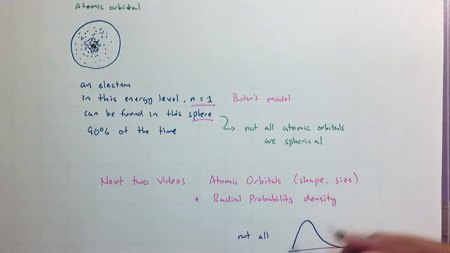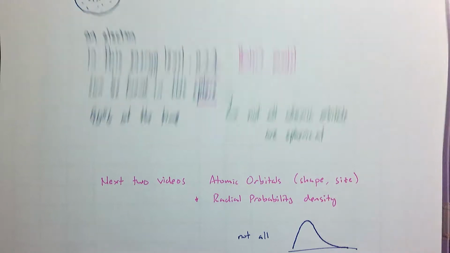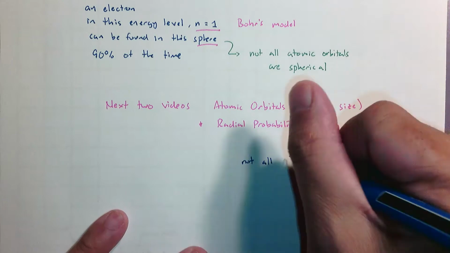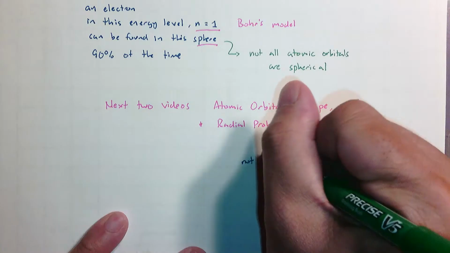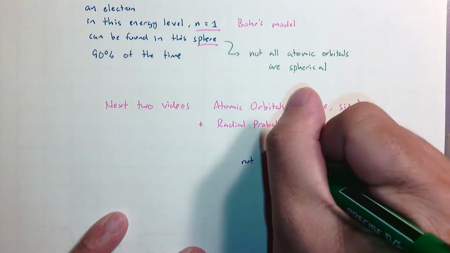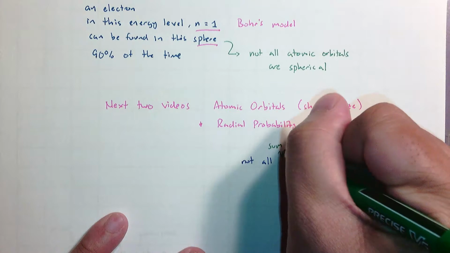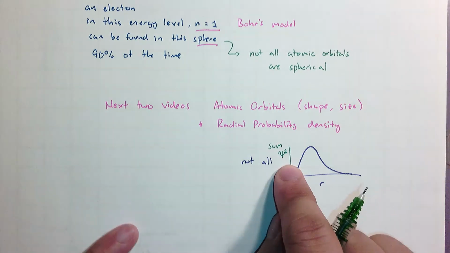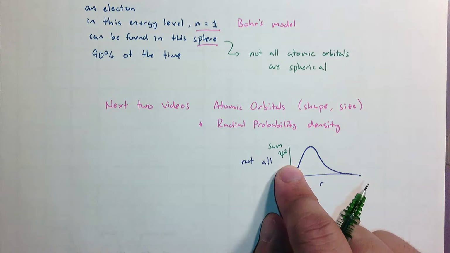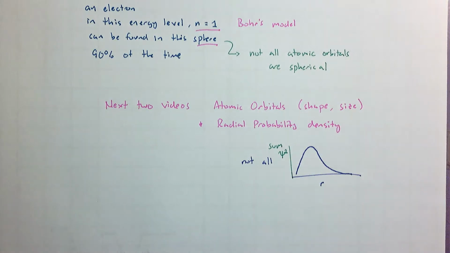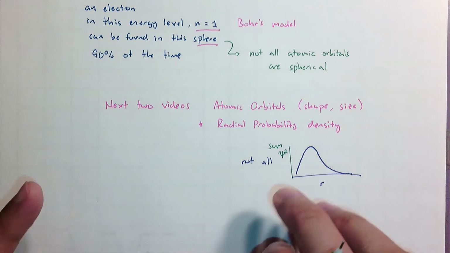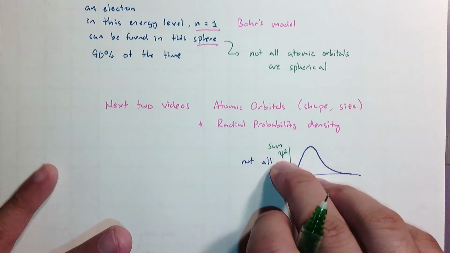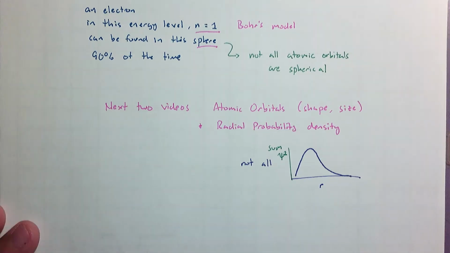This is r, or distance from the nucleus. And again, what was this axis? This axis was the sum of psi squared. So it's psi squared from the Schrodinger equation that we are most interested in. We will never put a number to this. What we will do is look at the shapes described by psi squared for each of these different atomic orbitals that we are going to look at in the next two videos.